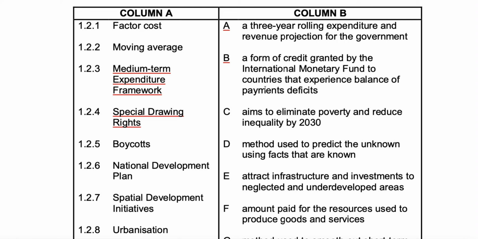Special drawing rights, like I said, are issued by the IMF, and then they are obviously issued to countries that are members of the IMF, because some countries are not, but just a few. I'm not sure of the number, but 170 something, I think, if I'm not mistaken. So the IMF issues special drawing rights that can be used to fund, let's say, balance of payment deficits, as you see here.